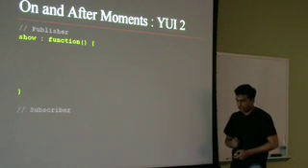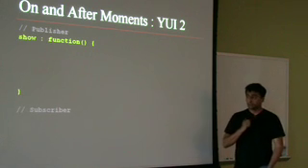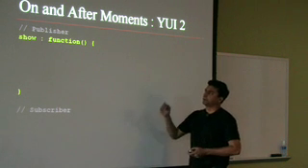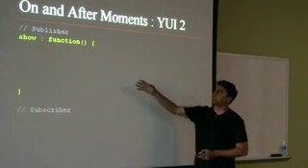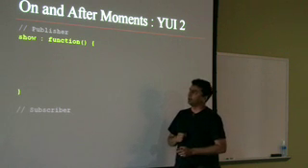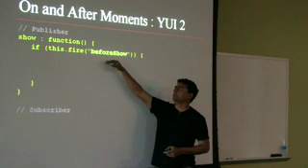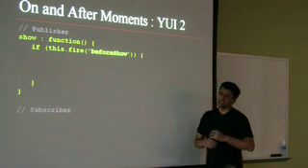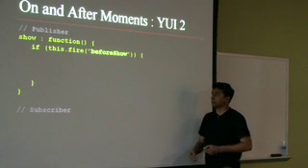So the second big change was the idea of built-in on and after moments. Right? So if you've been using YUI 2 for a while, you've either written code or have seen code which looks similar to this. So say if I wanted to write a show method on a particular component, I'd normally fire something called a before show event, for example, which would let listeners listen in before any state has actually changed.